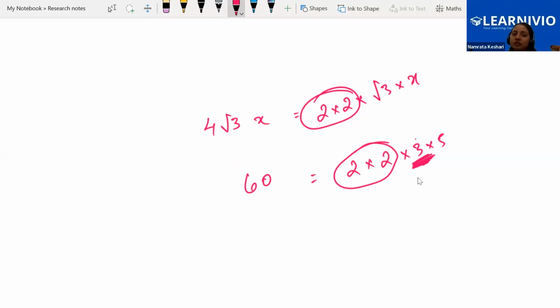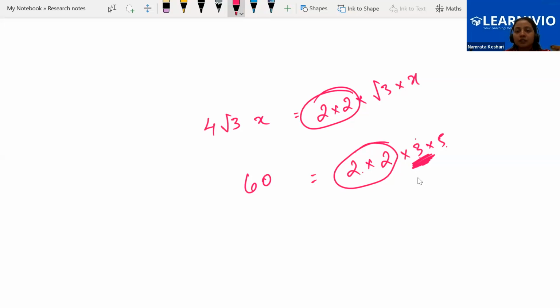Can you see on the screen, Zoha? 4 root 3 x can be written as 2 into 2 into root 3 into x. And 60 can be written as 2 into 2 into 3 into 5.